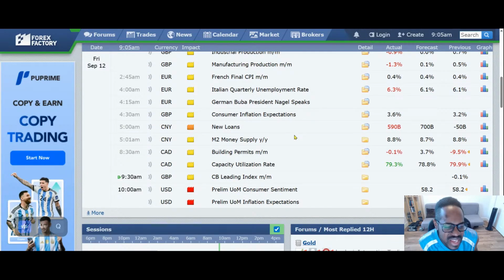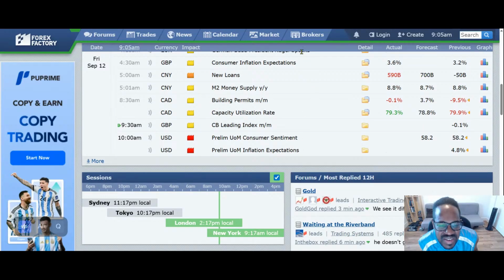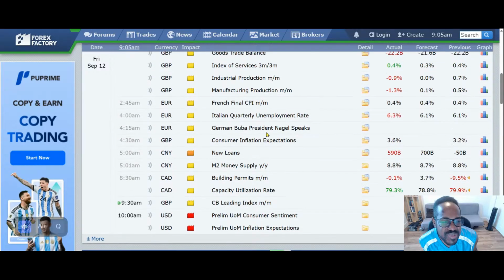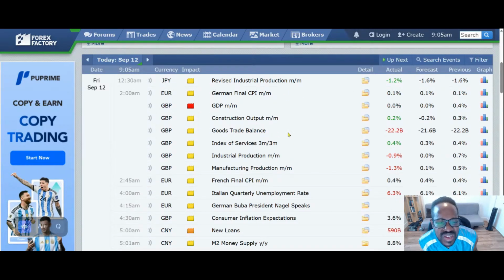And other than that, today at 10 o'clock here, we have primarily UMI inflation expectation. So a lot of inflation information for today. But other than that, pretty chill day overall. We had also the German final CPI month to month, and that was 0.1%. So pretty good.